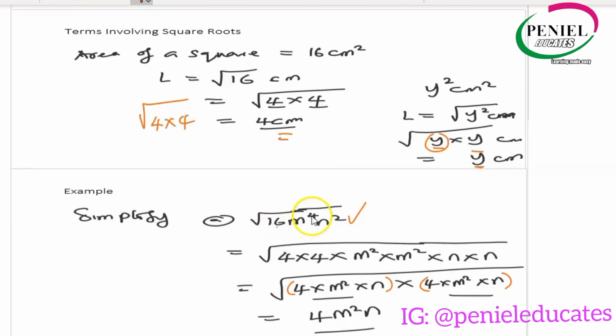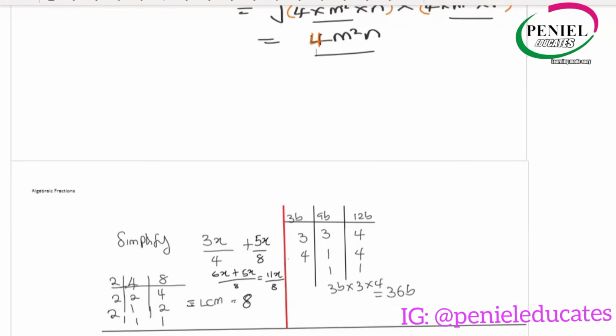If it's m square times m square, and you do the square root, it's going to give you m square. The square root of n square is going to give you n multiplied by n, that is n. So that's why you have 4m square n. That is how to simplify that.